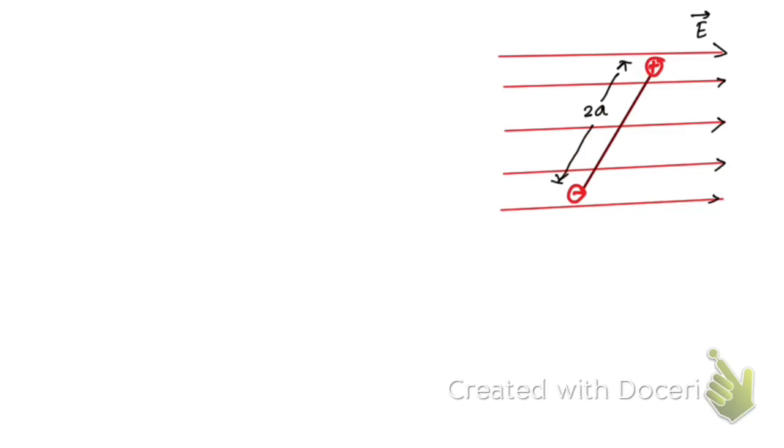And it makes an angle theta with the electric field, and the direction of the dipole moment will be from the negative charge to the positive charge. This is the direction, as you can see in the blue color.